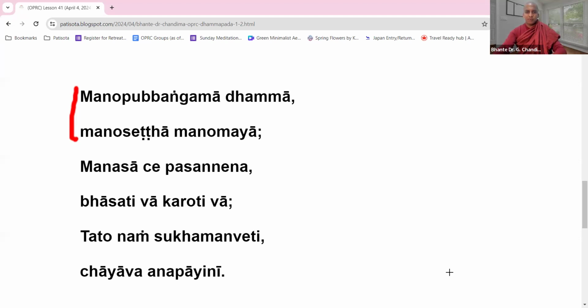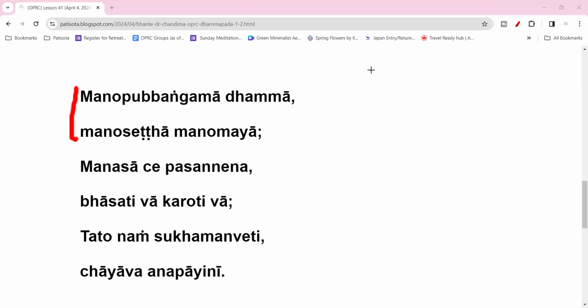Group 4. Yes, Chupeng, please. Thank you. Mano pubbangama dhamma, mano settha manomaya, manasa ce pasannena, bhāsati vā karoti vā, tato naṃ sukham anveti, chāyā va anapāyinī. Okay, great.